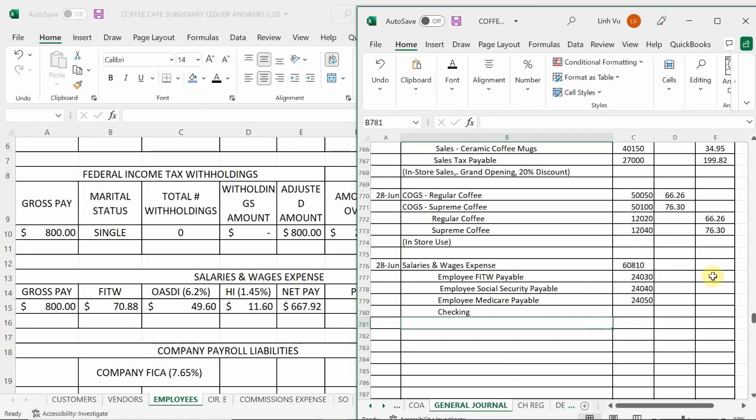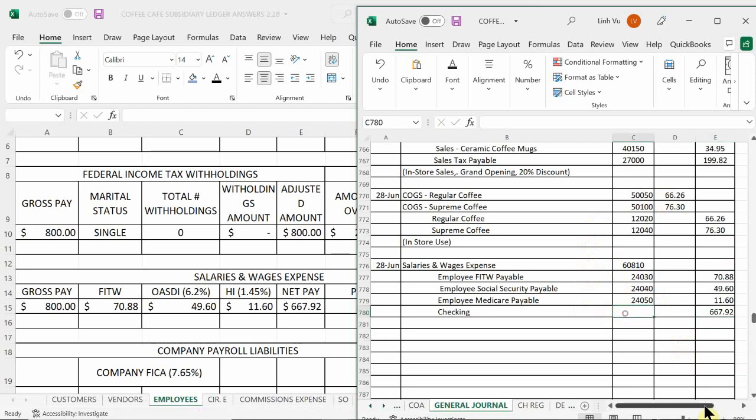So in this case, we have a total of $70.88 worth of FITW. We got $49.60 worth of Social Security and $11.60 for Medicare. And last but not least, what was her check amount? $667.92.